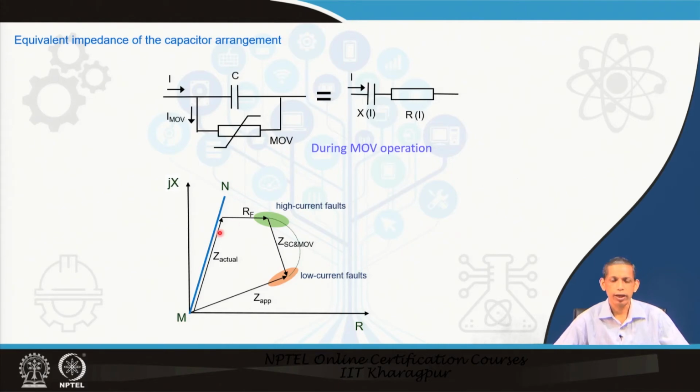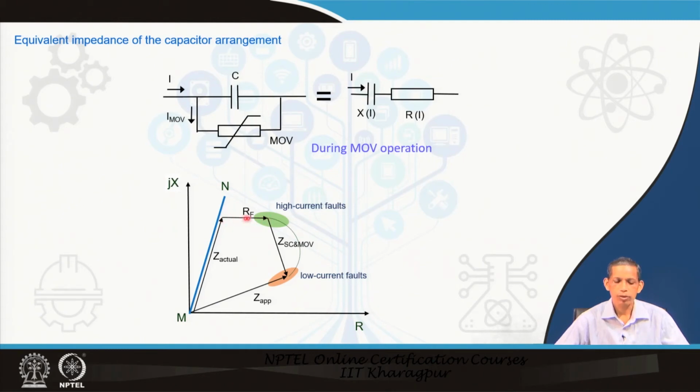Let us see that perspective in the RX plane. This portion is the line impedance in the RX plane. Suppose we have an actual impedance Z for the fault point somewhere in the line, and the fault is associated with an RF.